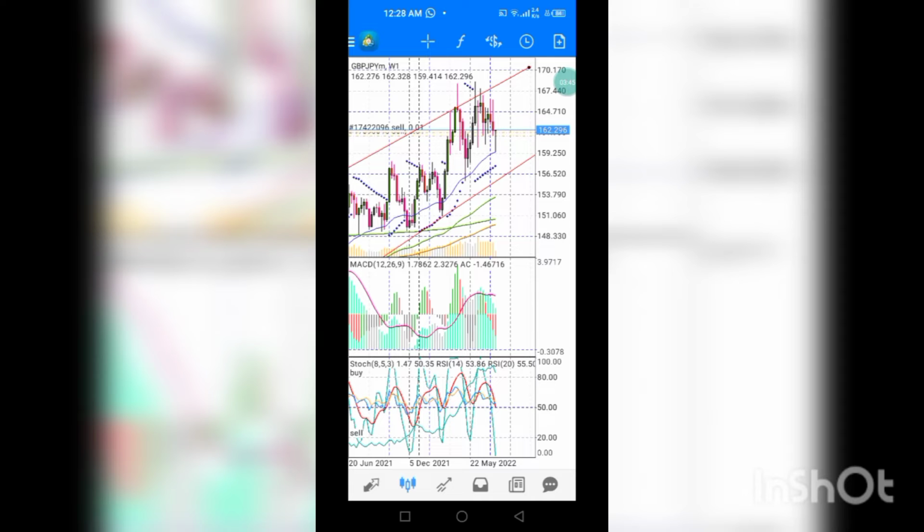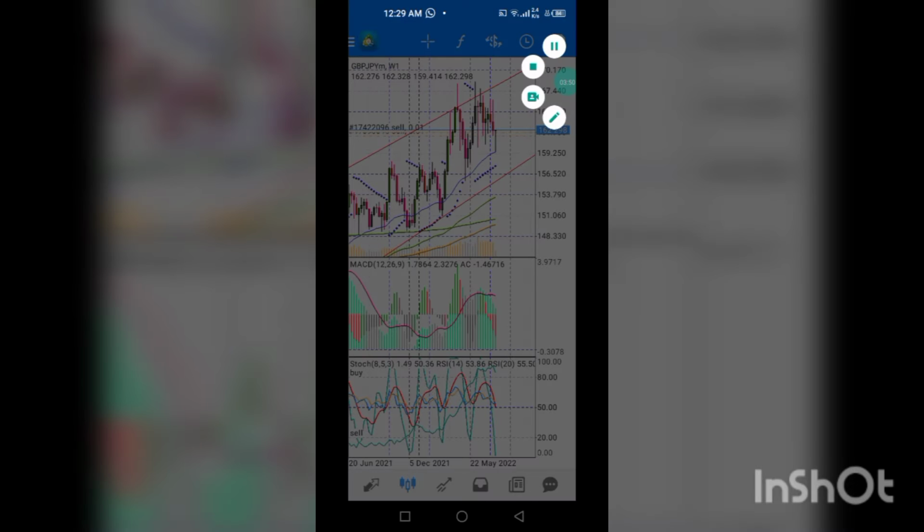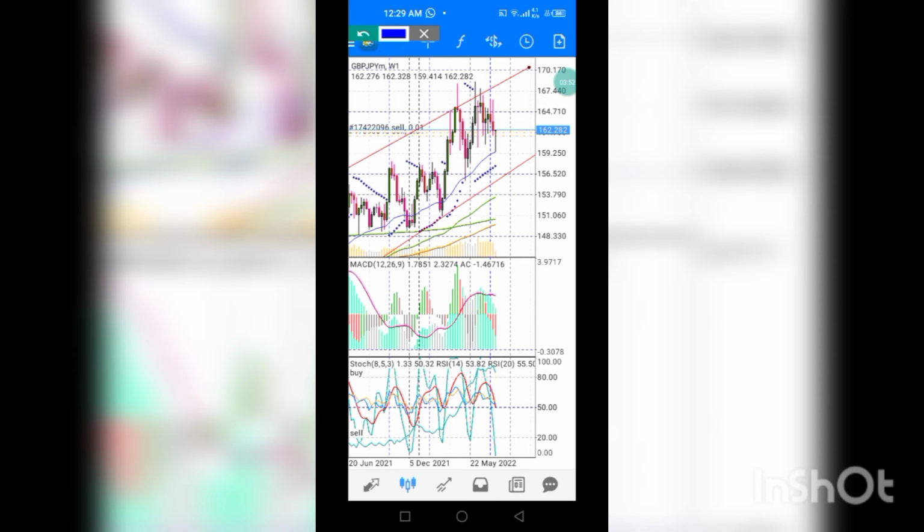So guys, note, while trading trend lines, when the chart breaks above this or below this, the trend line is no longer valid.